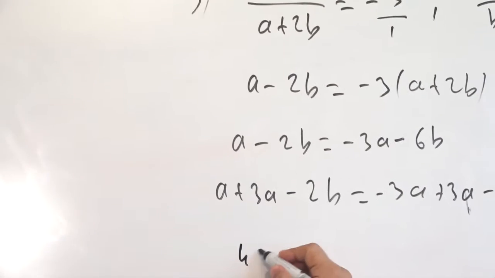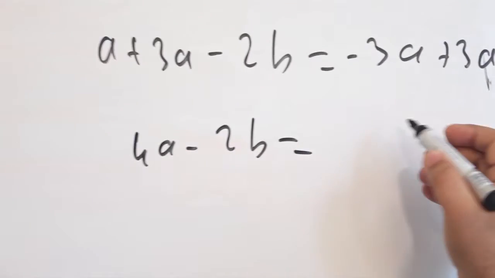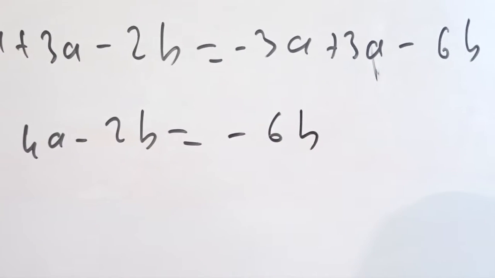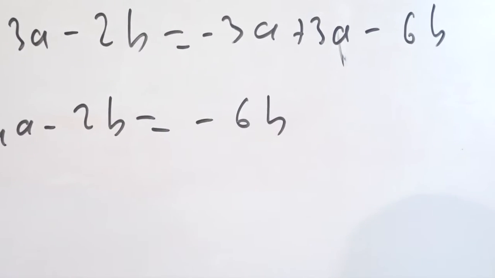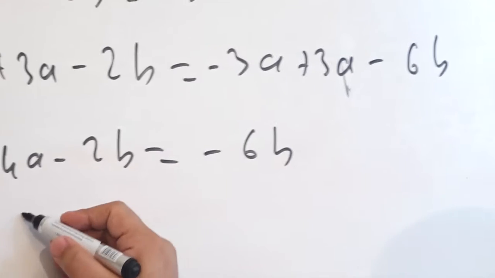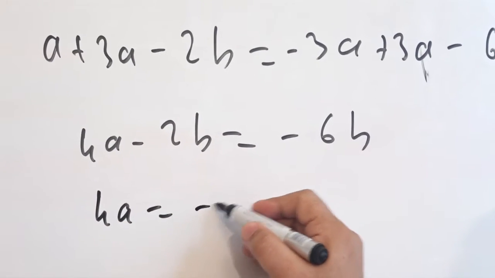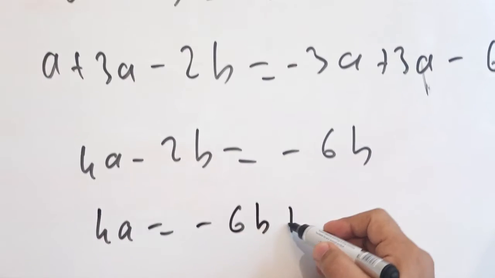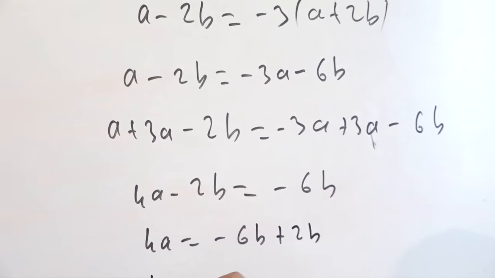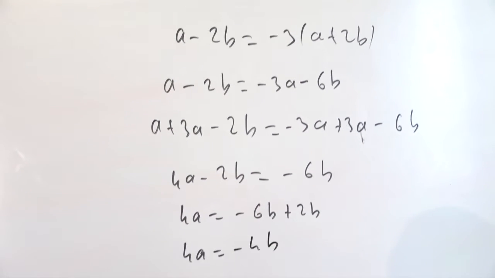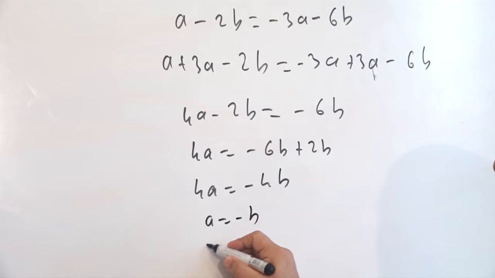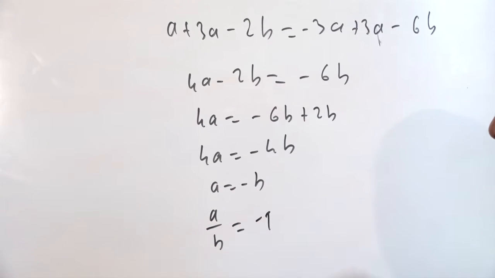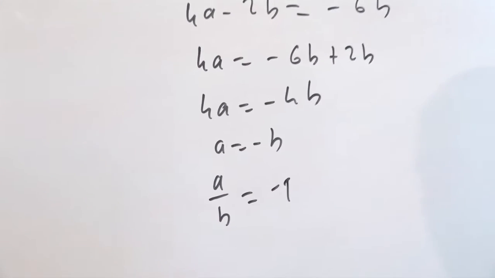Now this is 4A minus 2B is equal to negative 6B. Now we should add 2B to each side. 4A is equal to negative 6B plus 2B. 4A is equal to negative 4B. A is equal to negative B. A over B is negative 1. So the answer is D.